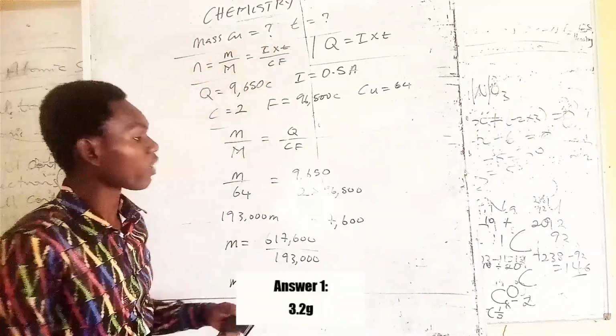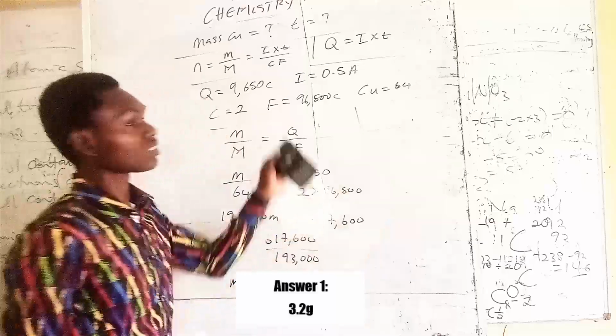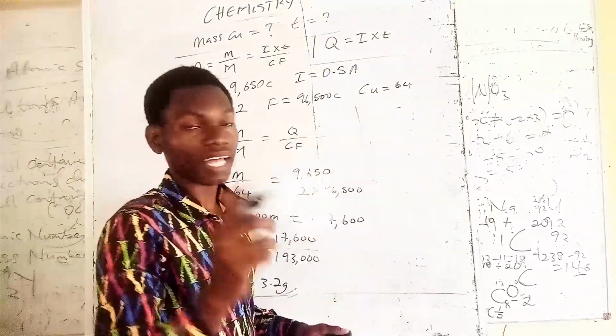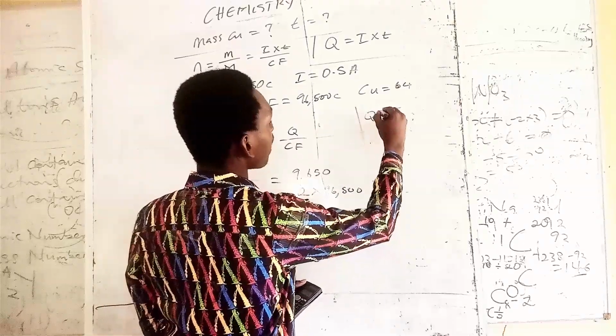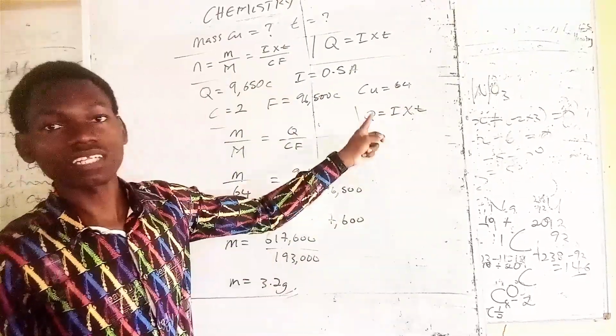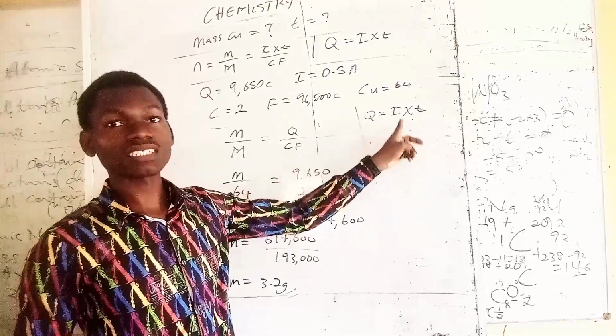We are also asked to calculate for t, which is time. Now let's calculate for our time. Recall that Q is equal to I times t. The quantity of electricity is equal to current times time.